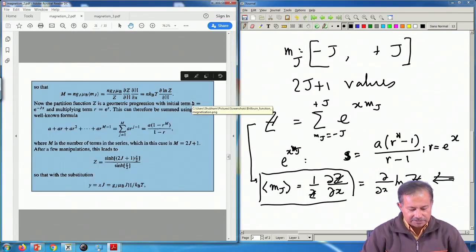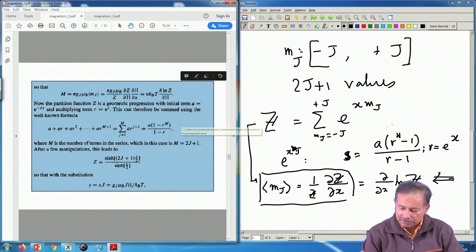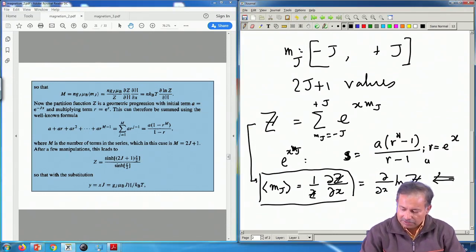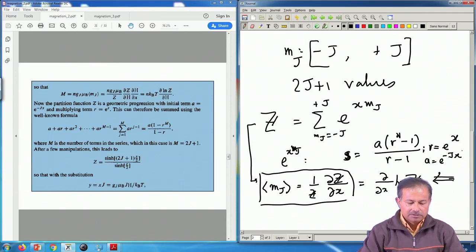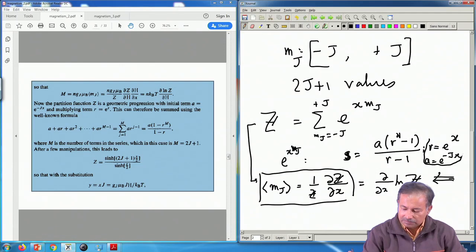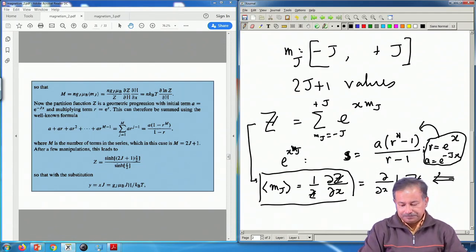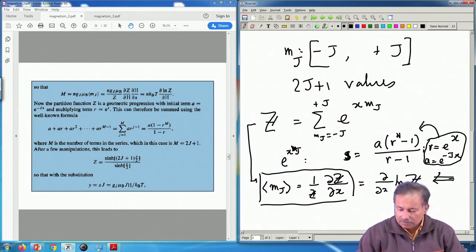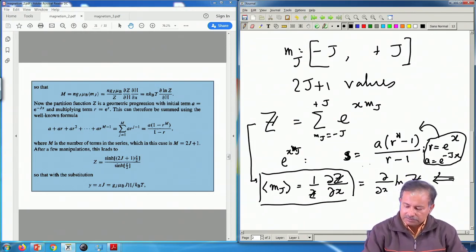Let me write down: r is this, and a, the first term, equals e to the power minus jx. With these two you plug them in, and you get this sum, which is the partition function.